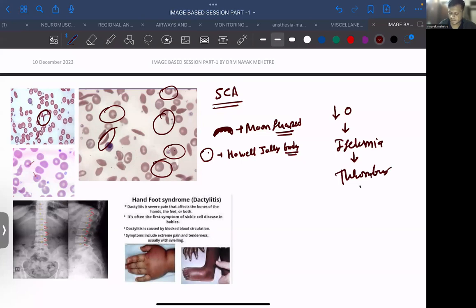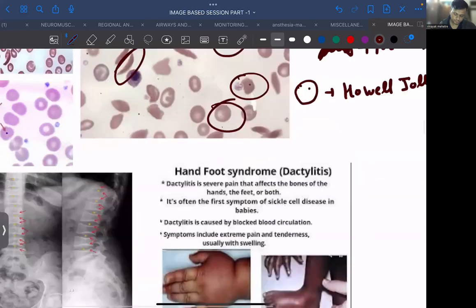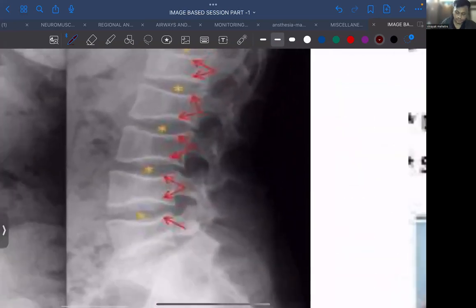The patient can have congestive heart failure as well as dilated cardiomyopathy. Dilated cardiomyopathy. Okay. What are the other features of this patient? Take a look over here.